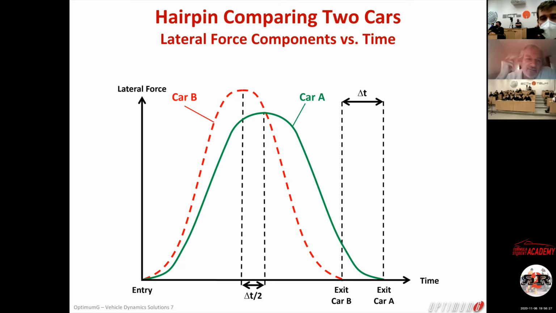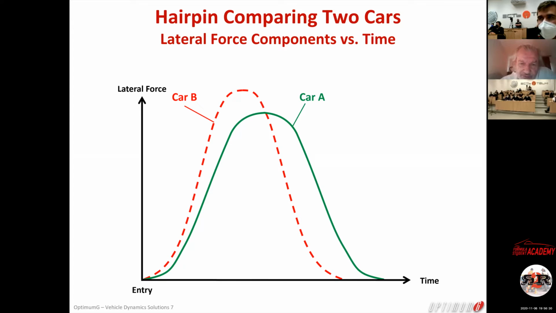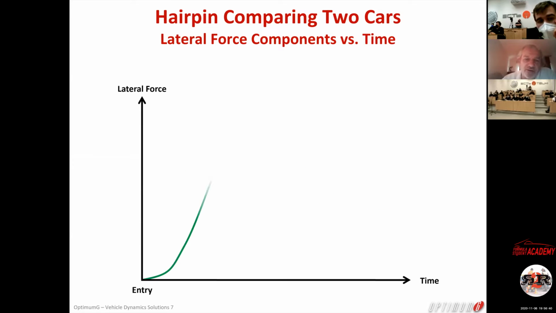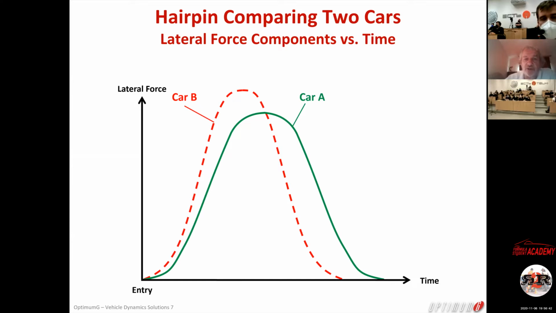But if you want to have more grip, you want more speed earlier. If you are on the same radius, more speed on the same radius means more lateral acceleration. So you need more lateral acceleration, but you need more acceleration sooner.